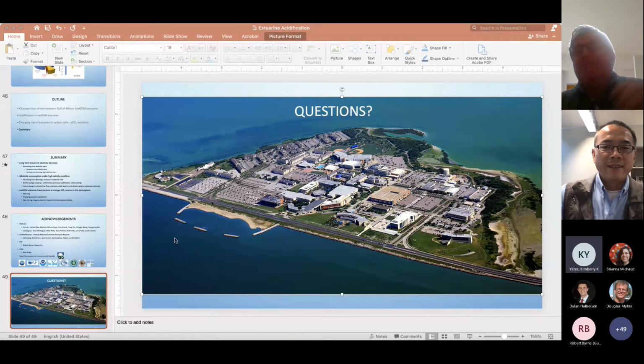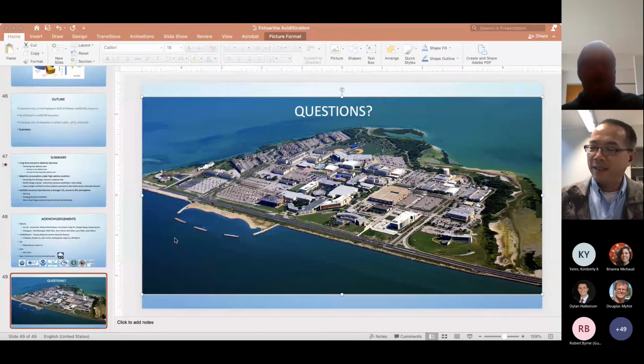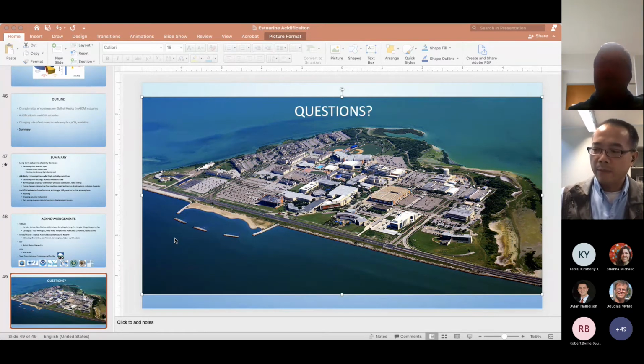Hello, my name is Boris Galbrin and I'm a faculty here, a physical oceanographer. I have a question about the factors which affect the distribution of alkalinity. You mentioned the decrease in the freshwater runoff, but you have also an equivalent effect from dredging of the rivers to deepen, say, the navigational channels.